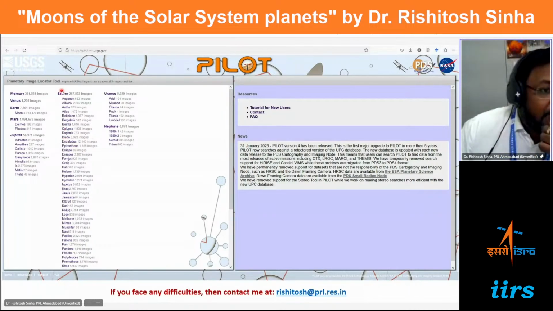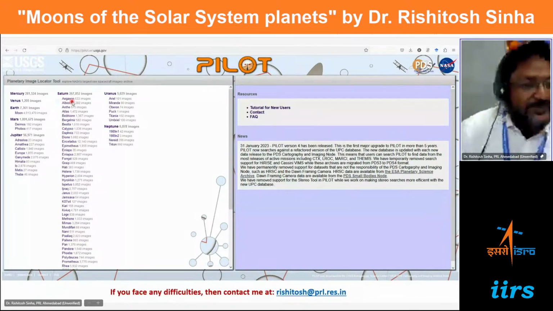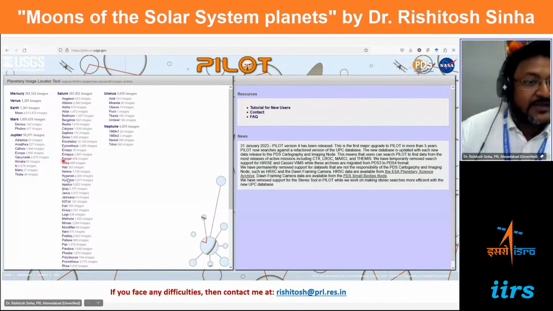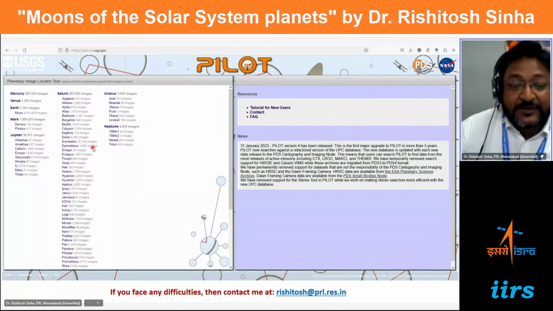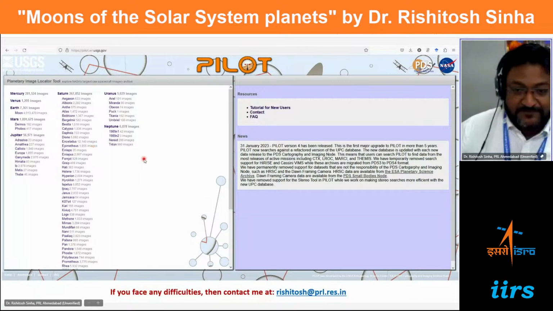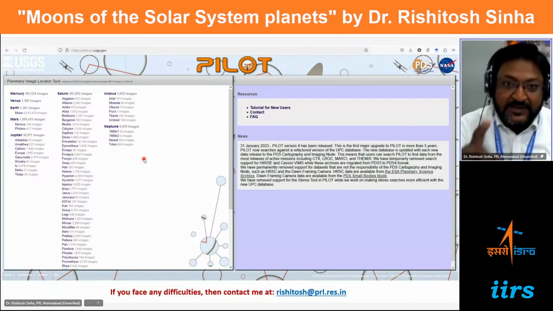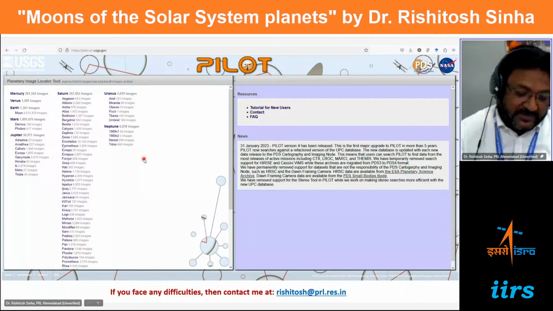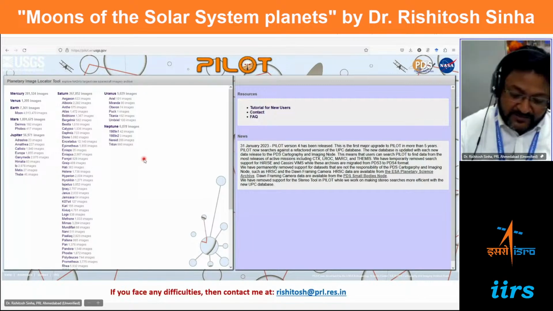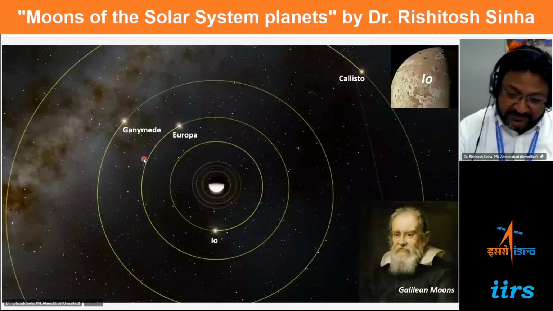Like you see here, majority of moons of Saturn for which we have flyby missions, and all the moons of Jupiter, Neptune, and Uranus, the data sets are available. When I say data sets, it means images and spectroscopic information about the subsurface. So anyone interested can make use of this feature on the web. If you find any difficulty in downloading the data, you can contact me. That's why I've given my email ID below.